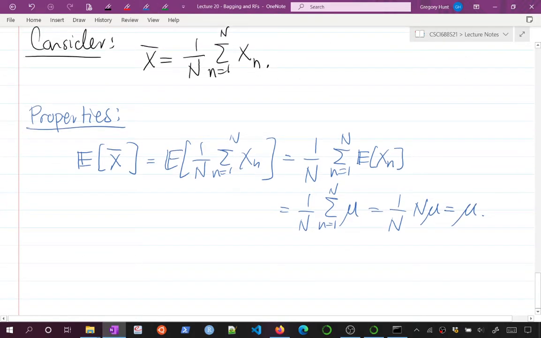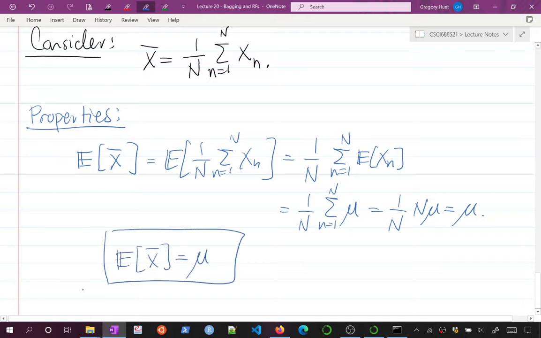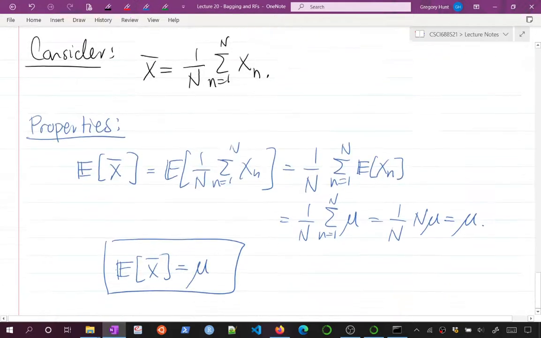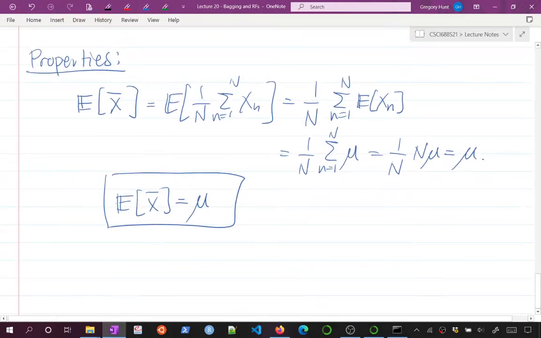So it turns out that the expected value of x bar is the same as the expected value of any of my individual x sub n. Taking the arithmetic average of a bunch of identically distributed random variables doesn't change the mean.